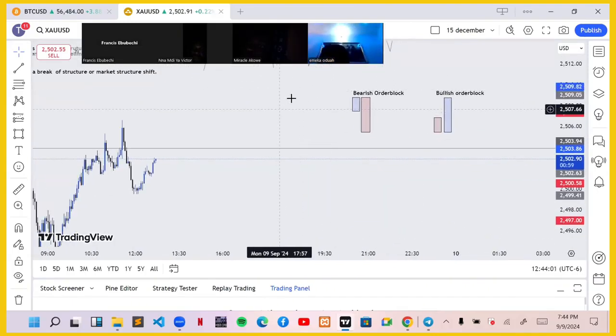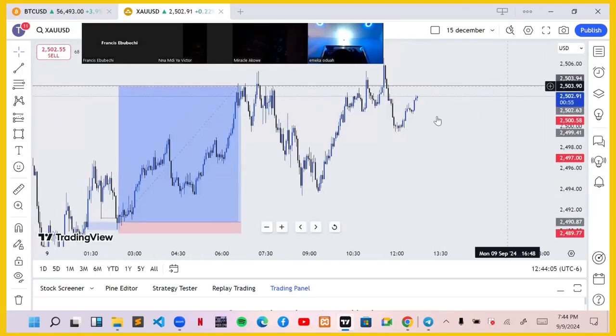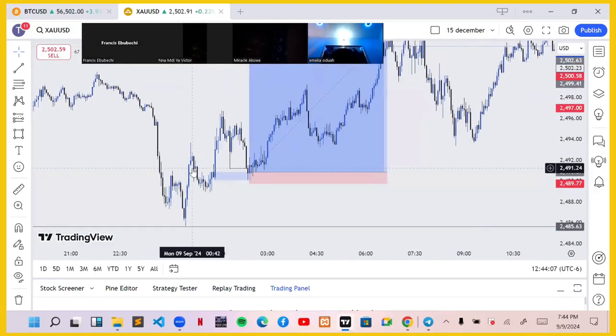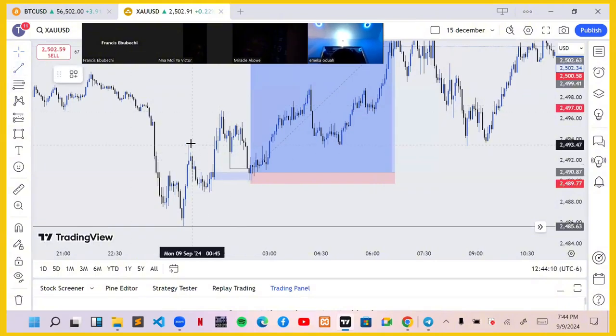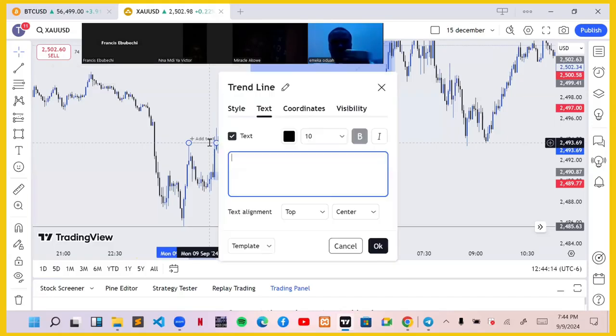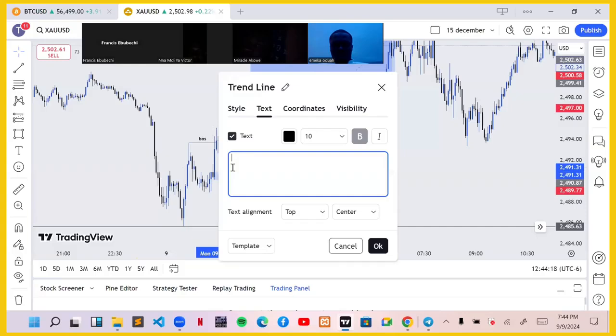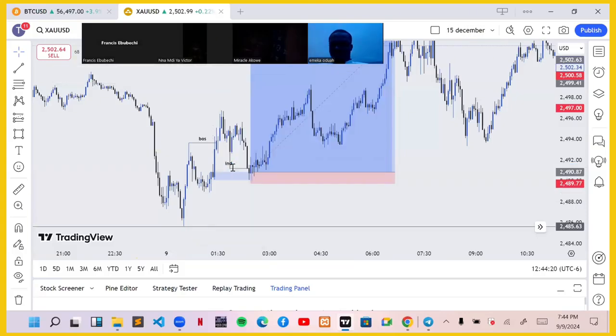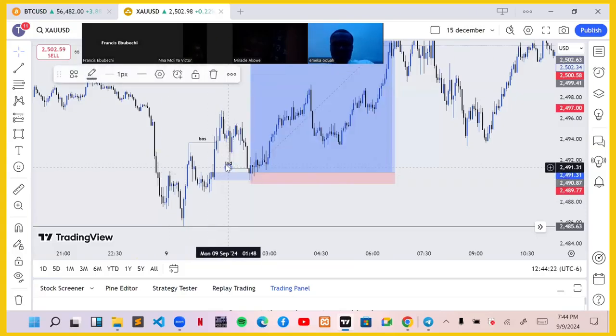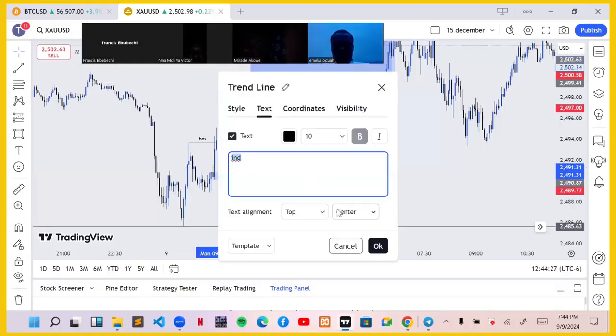Now for cases like this, this bullish order block was what I used to take this trade I took on gold. Pay attention. After market had this break of structure here, it made this. This is my break of structure. So I'll mark it up. This is my inducement here.